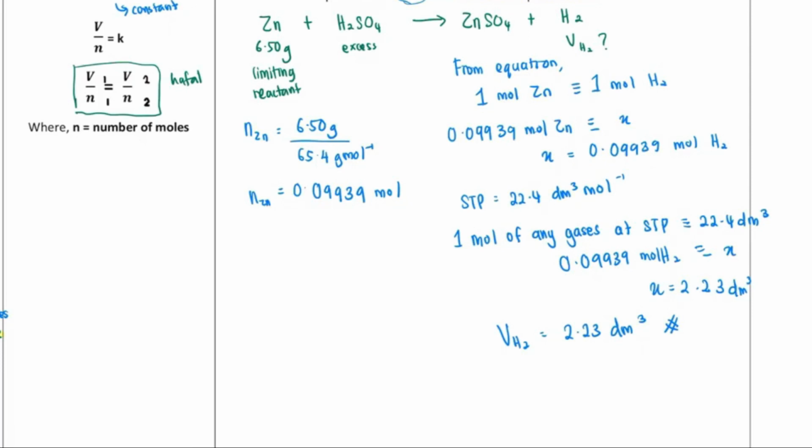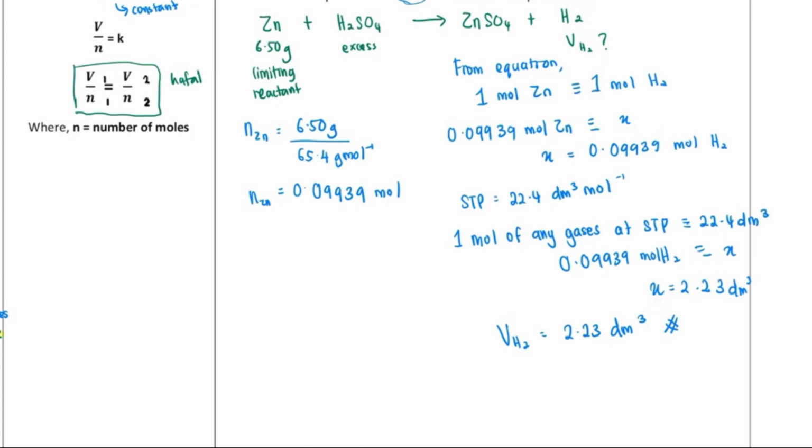Okay, so dekat mana example dekat mana kaitan dengan Avogadro-nya? Dekat sini. Okay, 1 mole of any gases at STP equal to 22.4 dm³. Okay, so tak kisahlah gas apa pun. Kalau eksperimen tu is carried out at STP, that means volume of gas tu adalah 22.4 dan mole dia adalah 1 mole. So that's why we can use this comparison untuk dapatkan volume of x.